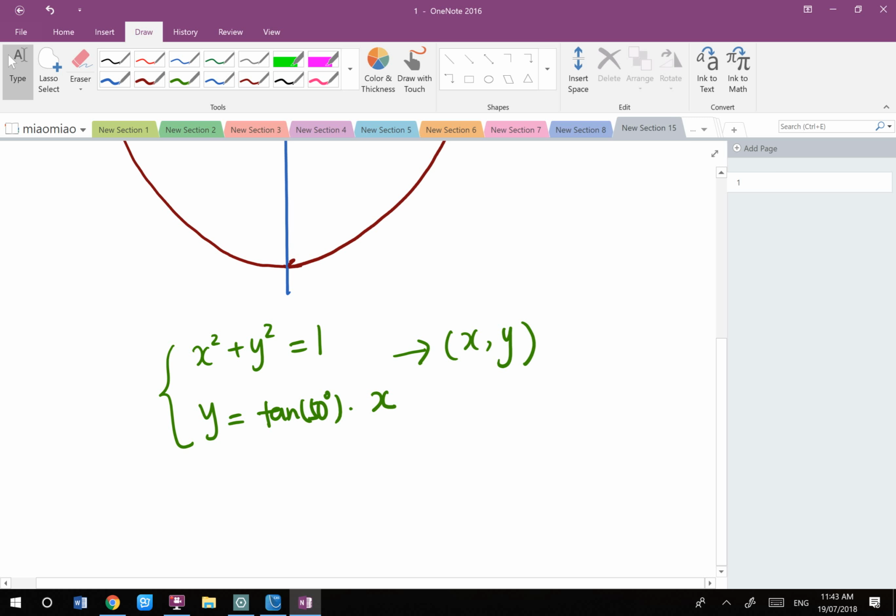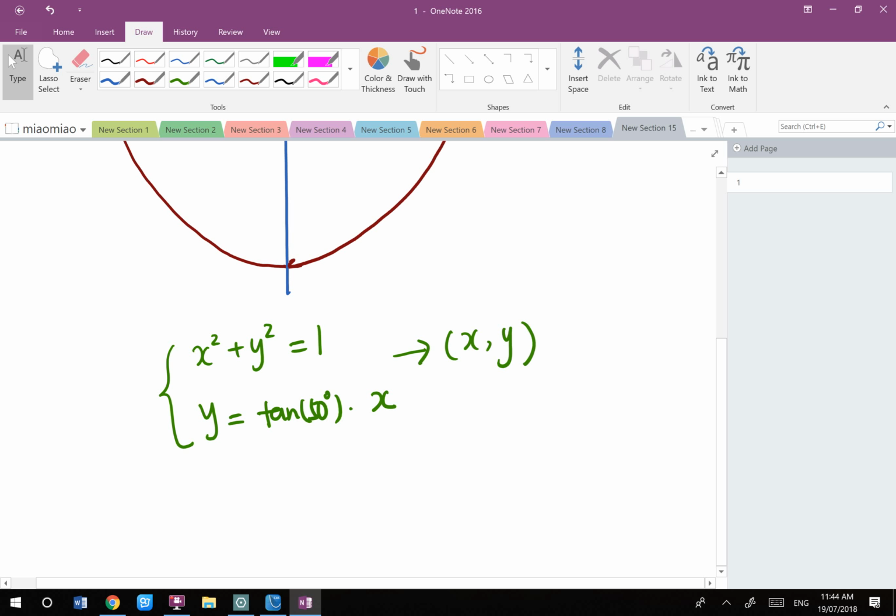So the circle's equation doesn't change; it stays the same all the time. Different angles will give you different lines, but you can always find the gradient of that line, and it starts from 0, 0, so it's just y equals mx. So I can always find the linear equation, and so I can always find the intersection.